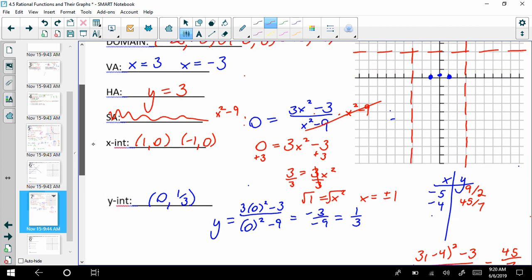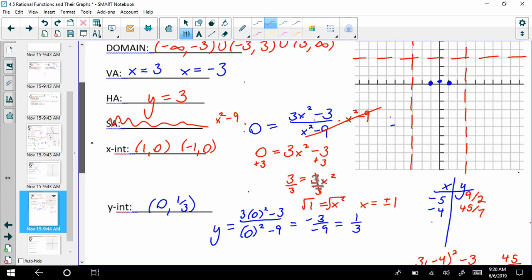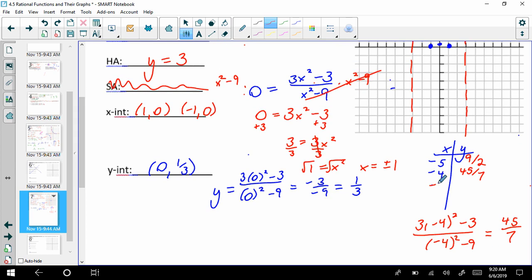Let's see, what else could we pick? If you're not sure, let's pick negative 2, because that's on the other side. If I plug negative 2 in, negative 2 squared is 4, times 3 is 12, minus 3, I get 9. On the bottom, that'd be 4 minus 9, negative, so I get negative 9/5.